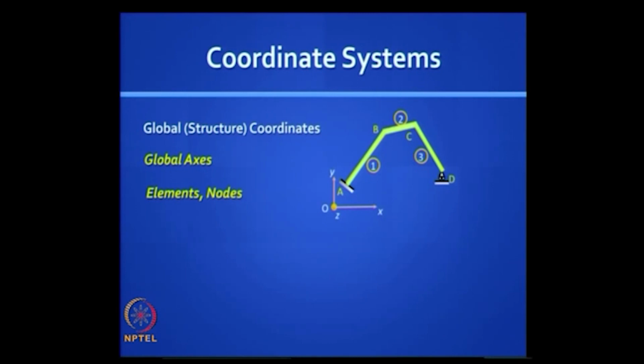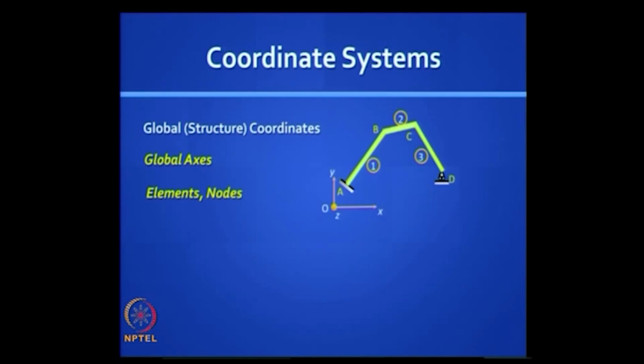What's the next thing I need to do? By the way, there is something more to it. To define the element, you also have to define the orientation of the element. What is the start of the element? What's the start node and what's the end node? You have a choice there.